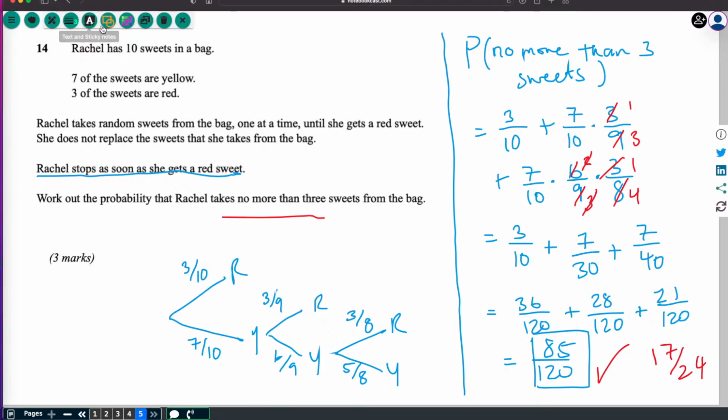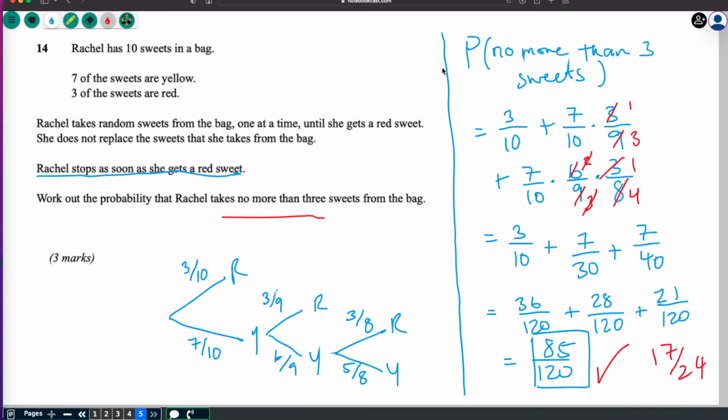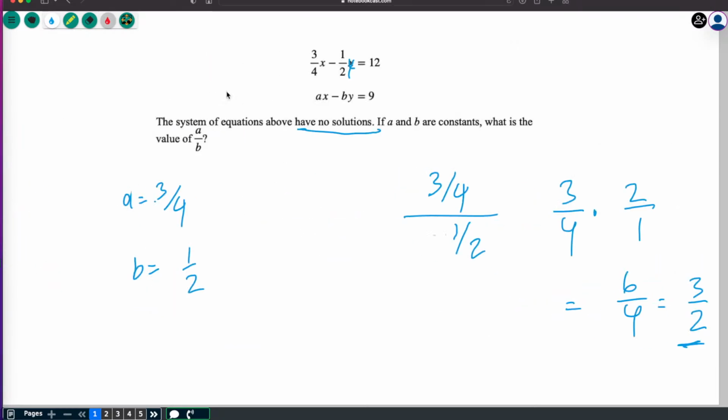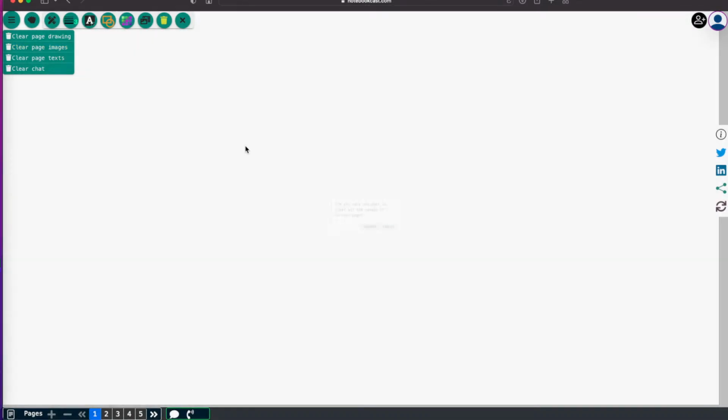Okay, does anyone have any preference on what topic to do next? So I have circles, geometry question. Let's go back to this page, clear of drawings and images.